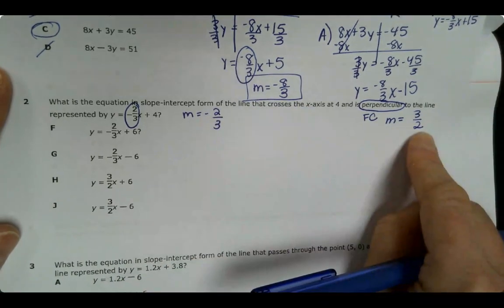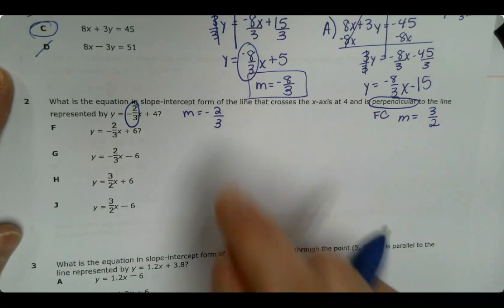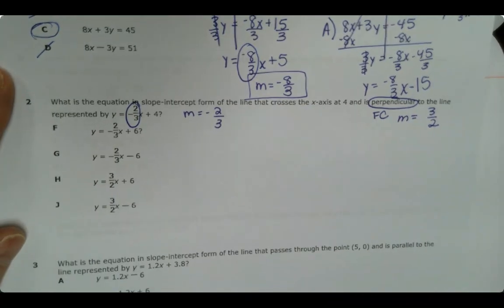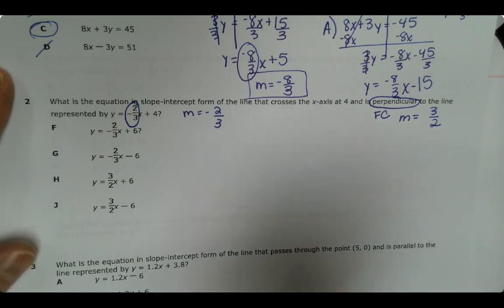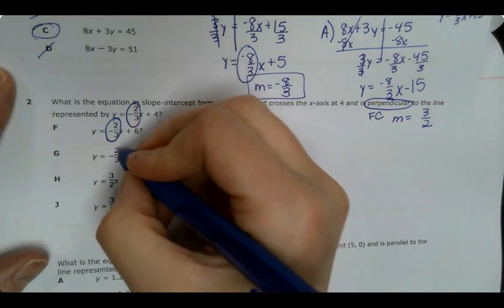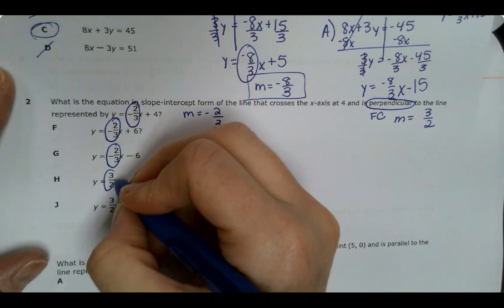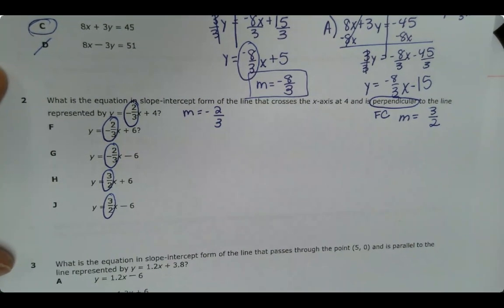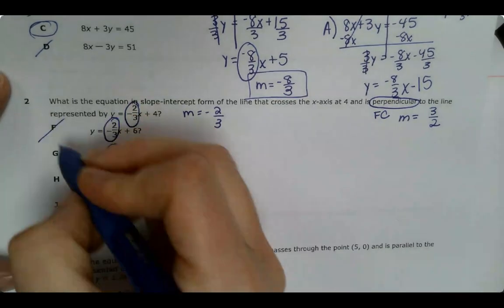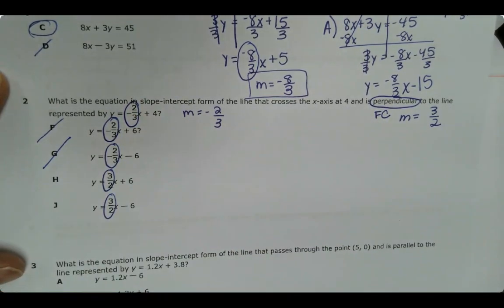Then step 3, eliminate answer choices that have incorrect slope. So our equation should have a slope of 3/2. So circle all the slopes. That way we can figure out which answer choices we can eliminate. Yep, these are not right.